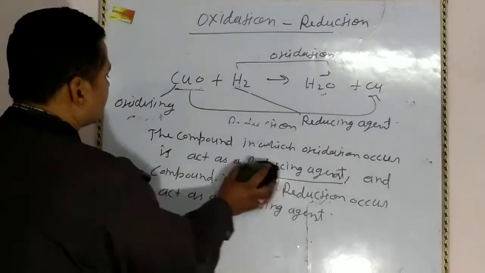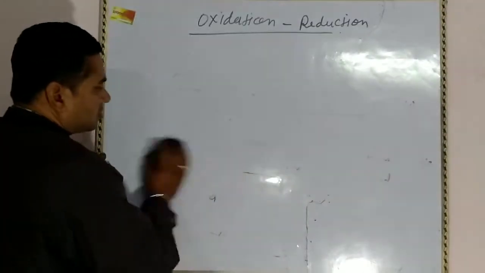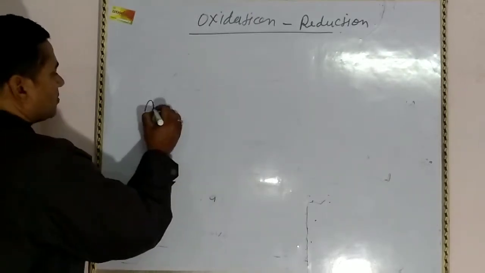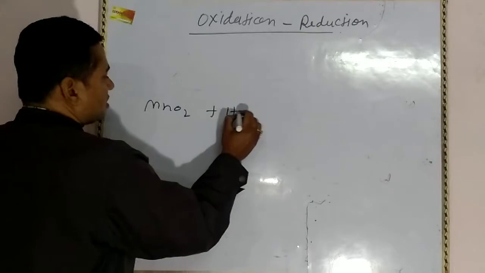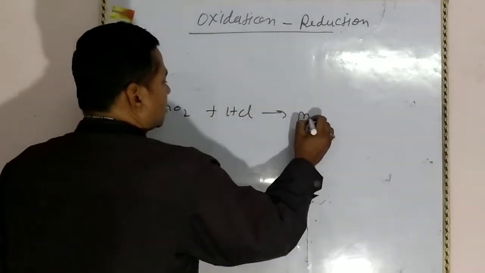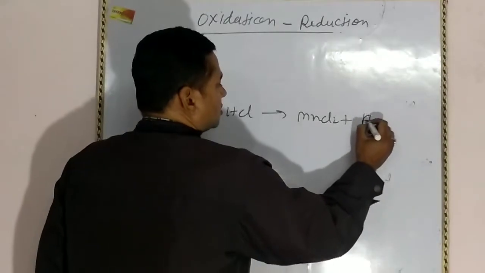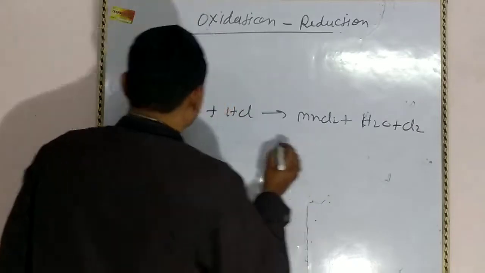One more example we can discuss here for your further knowledge and more understanding of this concept of oxidation and reduction. The same example I am taking here, MnO2 plus HCl forming MnCl2 plus H2O plus Cl2.